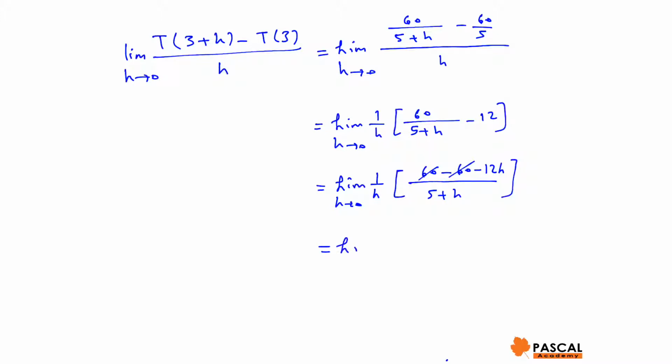This limit is the same as the limit of negative 12 over 5 plus h as h approaches 0. When h approaches 0, 5 plus h is getting close to 5, and the limit would be negative 12 over 5.